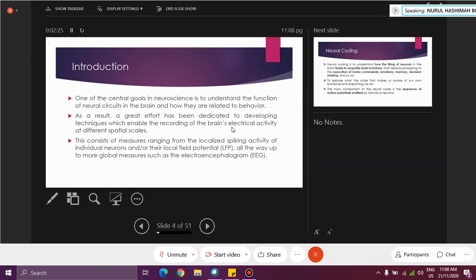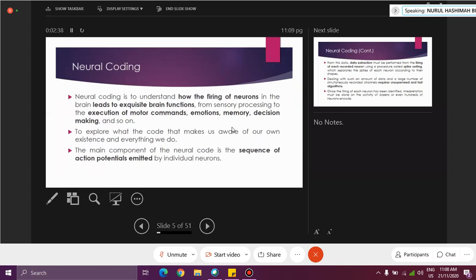And this concept of measures ranges from localized spiking activity of individual neurons, to local field potential, and all the way up to the EEG. What is neuron coding? Neuron coding is a way to understand how the firing of neurons in the brain leads to execute its brain function.